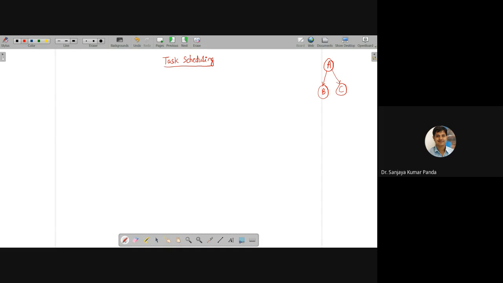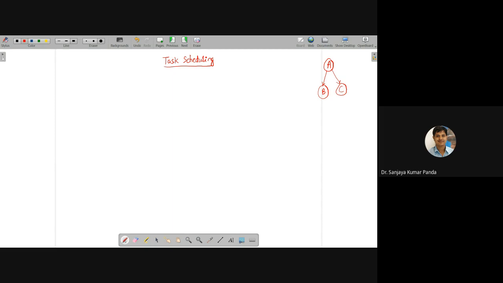That means when A is executing, you cannot execute B and C simultaneously. But once A is successfully completed, you can start task B as well as task C, right?